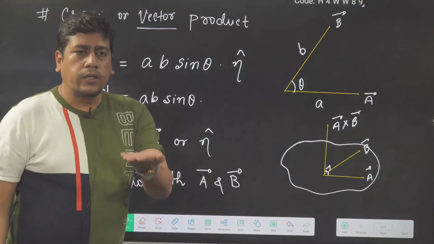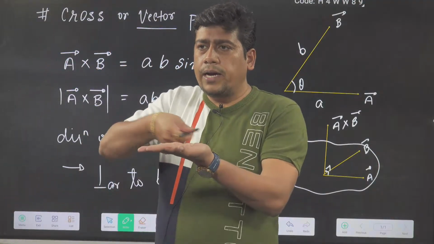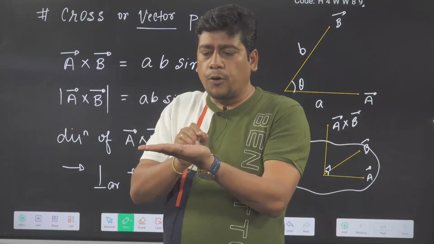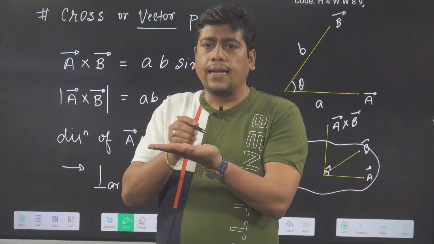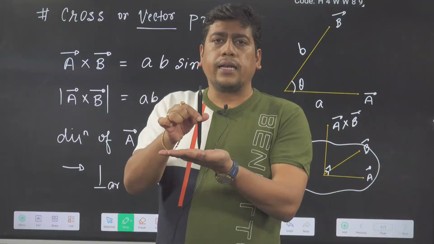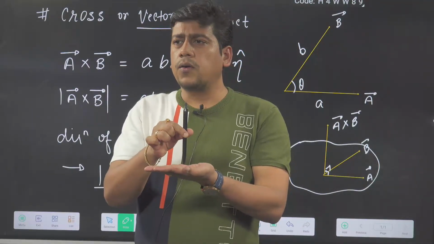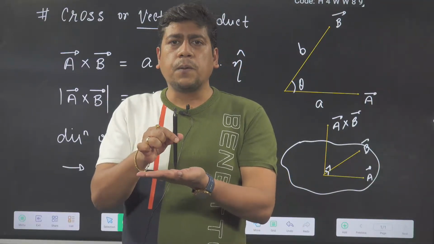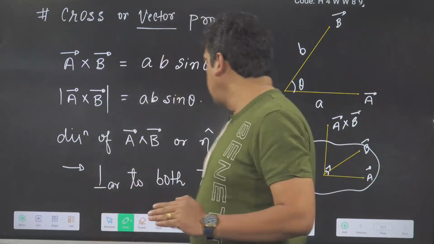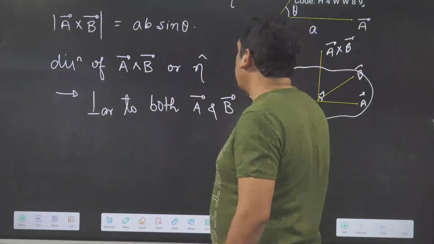Because if A vector and B vector are in the plane, I'm drawing A vector, B vector on my hand, then A cross B is something like this, perpendicular to the plane. I hope it is clear now. A cross B is perpendicular to the plane containing A vector and B vector.